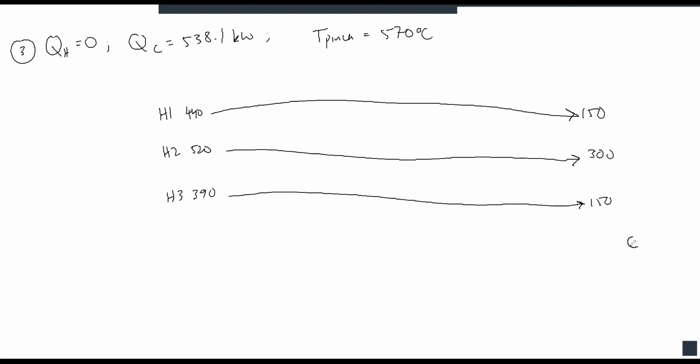Then we had our three cold streams. C1 went from 100 to 430. C2 was from 180 to 350.